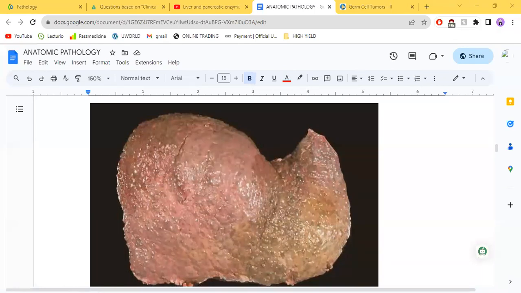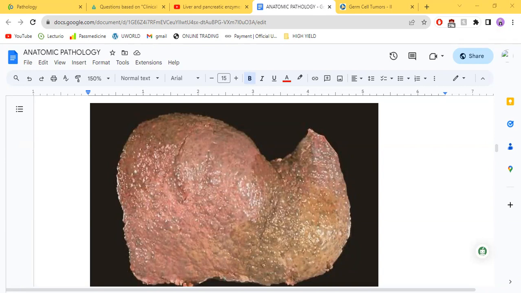What could be causing this yellow appearance of the liver? Someone says bilirubin. Now we're getting close. That's bile, right? The bile pigment. So bile pigment, bilirubin, is actually correct.